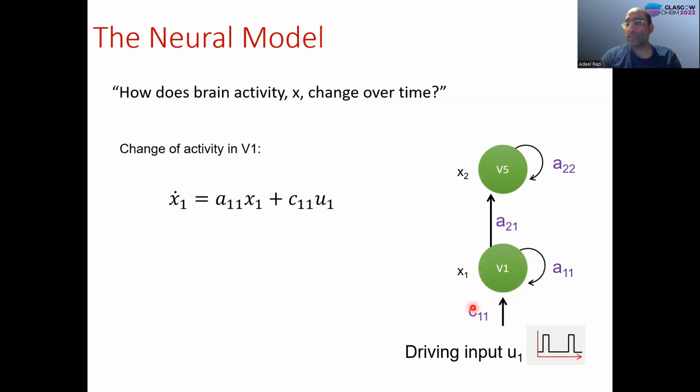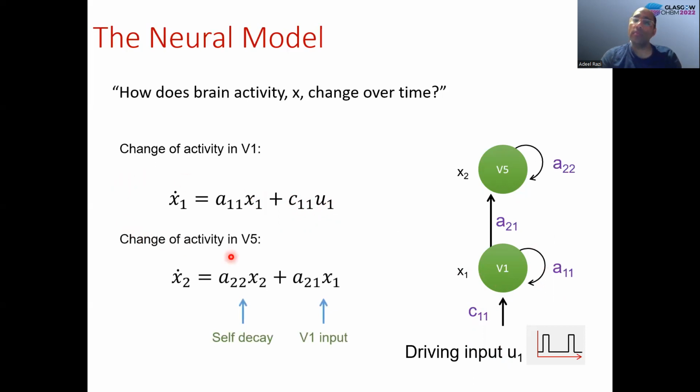If you want to say what's the change in x1, we already have an equation for this, which is the self connection A11 times what's happening in the brain region x1, plus some coefficient C, an external input, which goes into the brain region x1, or V1 here. That's how we write down the first one, as we saw in the previous slide.